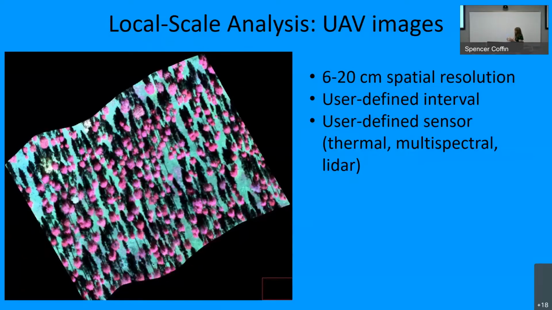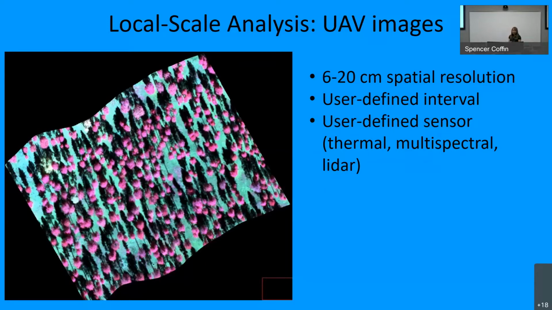Another reason, or a couple more reasons why we use UAV images is that, of course, as you know, from the UAV platforms, you can get images that have anywhere between 6 to 20 centimeter pixels, 20 centimeter spatial resolution. Of course, you can fly your UAV platforms at a user-defined interval, so on a daily interval or several times in a day if you were monitoring how plants are responding to different kinds of weather or climate variables on a daily or on an hourly basis.